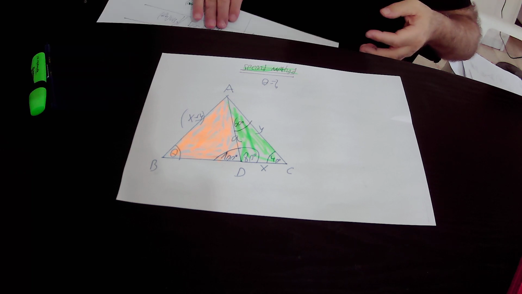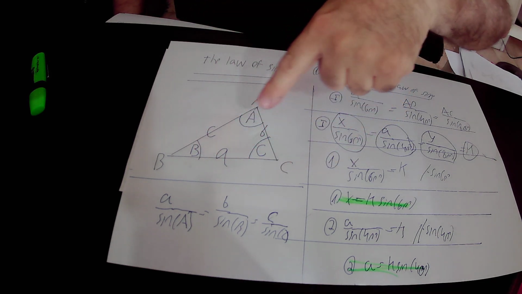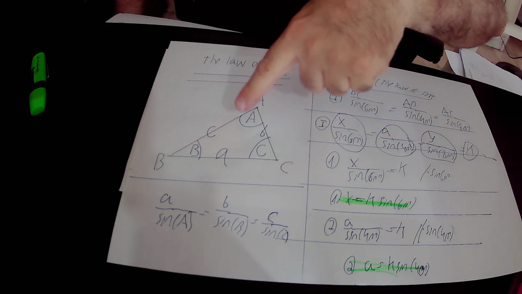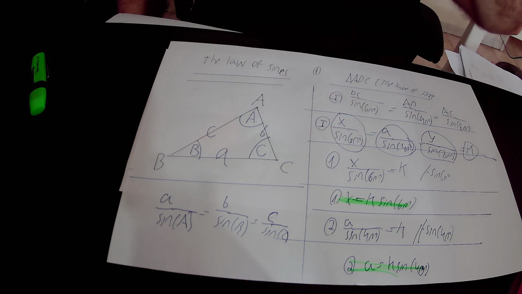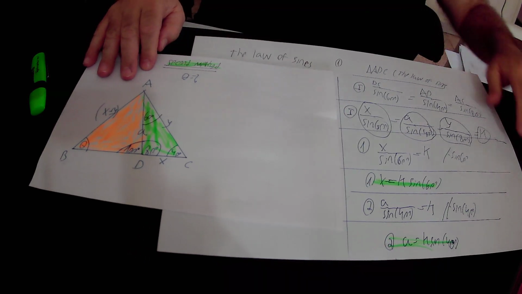Then I presented to you the law of sines. According to the law of sines, a over sine A equals b over sine B equals c over sine C. We implemented the law of sines in the green triangle, triangle ADC.